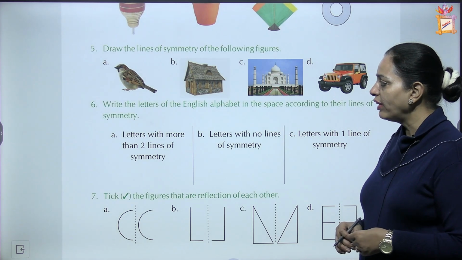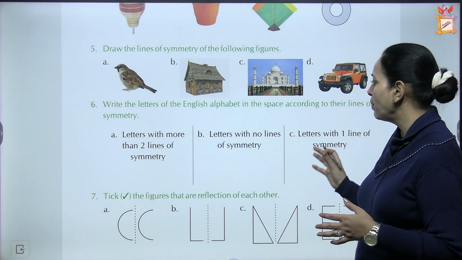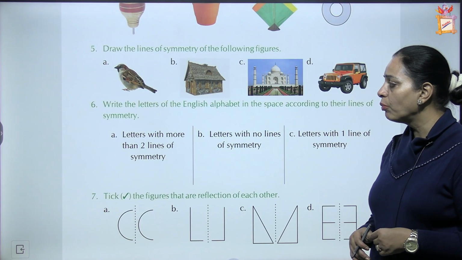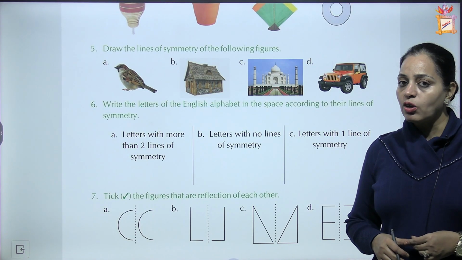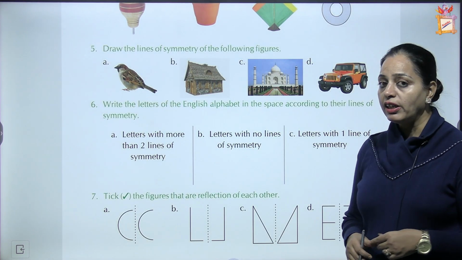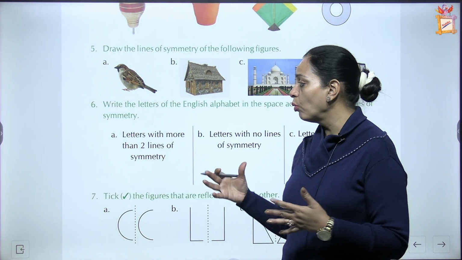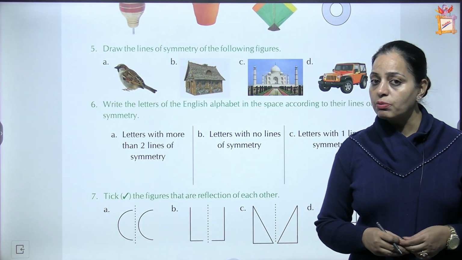And the sixth one, write the letters of the English alphabet in the space according to their lines of symmetry. A part, letters with more than two lines of symmetry. So write one letter or more letters which have more than two lines of symmetry.